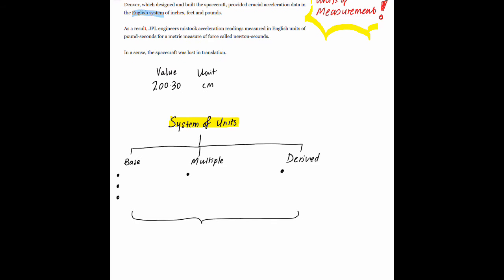When we look at a quantity, it is usually composed of a value and a unit. A value is the numerical representation, while the unit gives us an idea of how big or small the value is. Just by telling the distance between, for example, my house and the school is 200.3, it is impossible to gauge the distance.